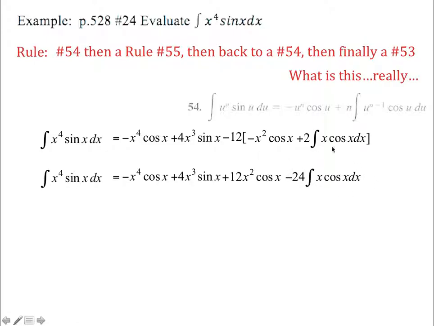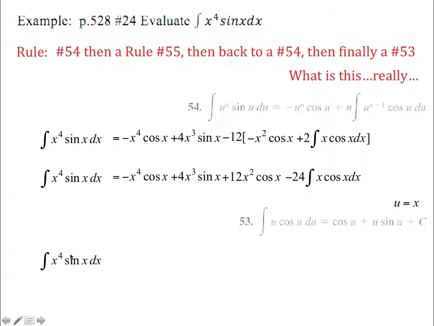And so now we're going to do this last integration here. That's a rule 53, and this is just your integration by parts, done completely for you. Our u is still x, and our n is 1 now, because that's our power on x.